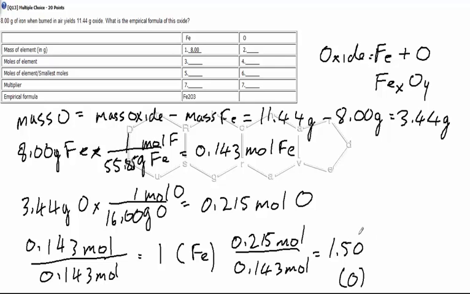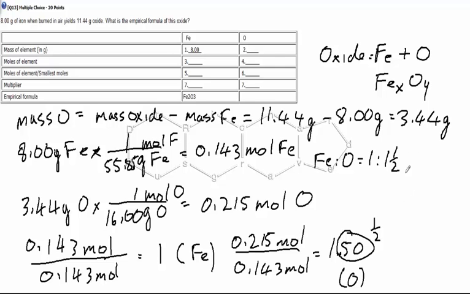Now we've got something here that really can't be rounded to a whole number because this is too far away, so we've got to figure out what kind of fraction 0.50 will be closest to, and I think we all realize that's going to be close to a half. So effectively here's what we've got so far. We've got Fe is to oxygen is 1 is to 1 and 1/2.